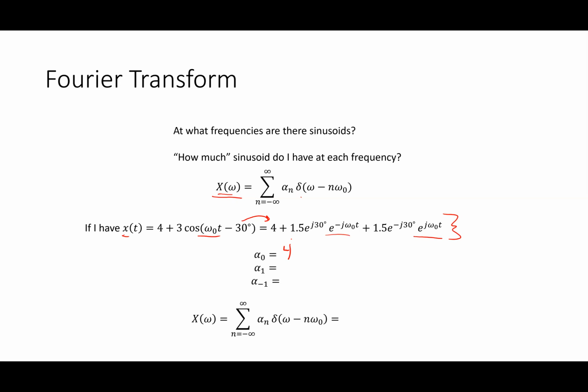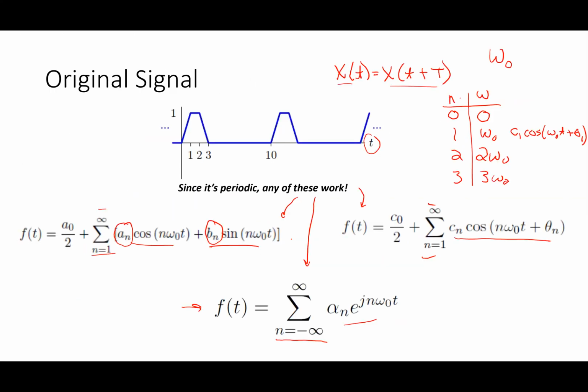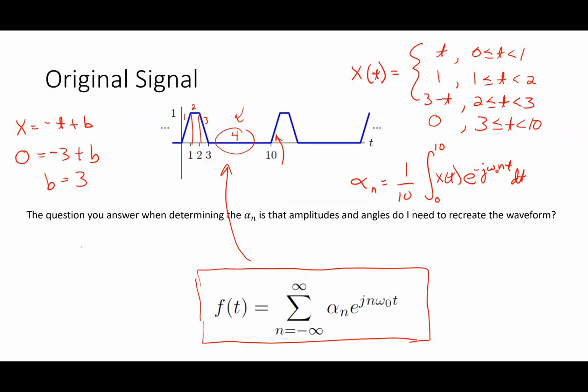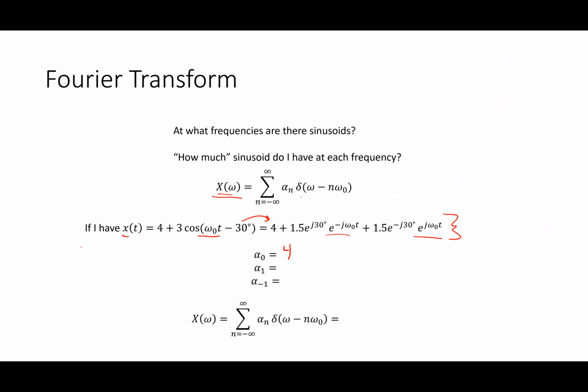I wouldn't have defined it this way, but if you look at this form, there's no over 2 that goes with that. The alpha 0 term is the DC value, and in the other two forms of the series, there's that over 2. I could talk about why that was done, but it's not all that important. But it is what it is. Alpha naught is 4. The DC term is 4.